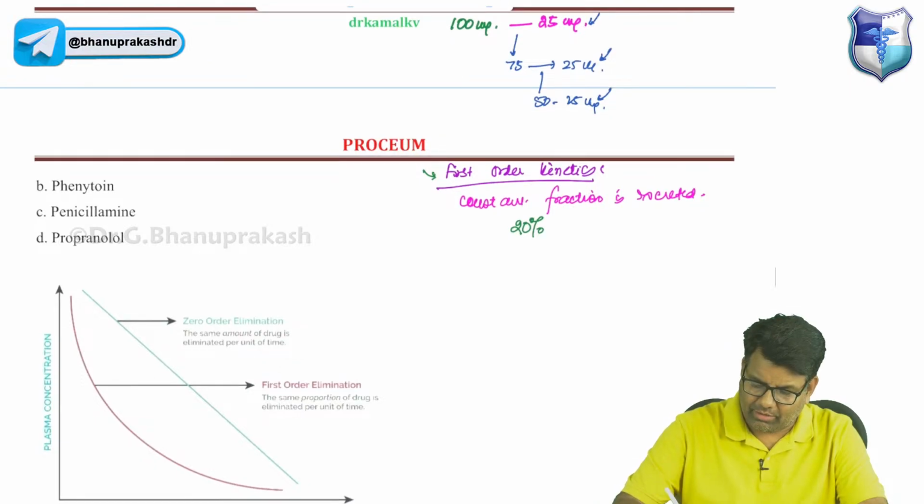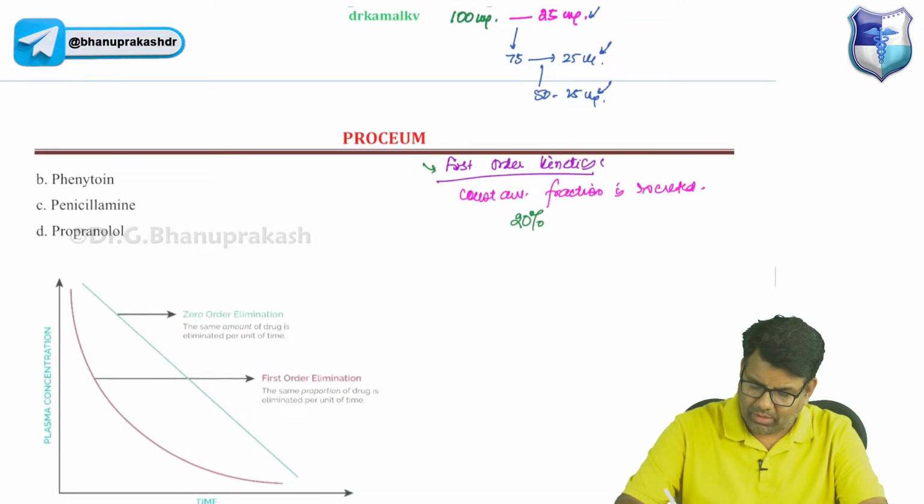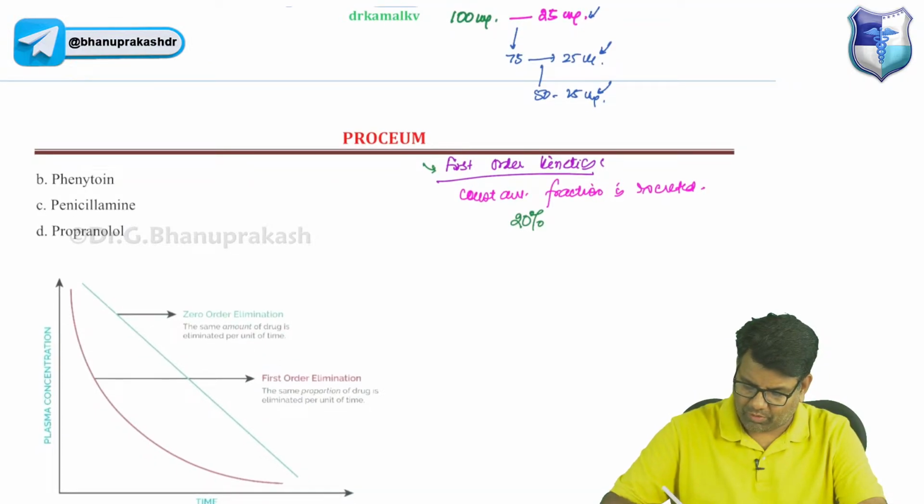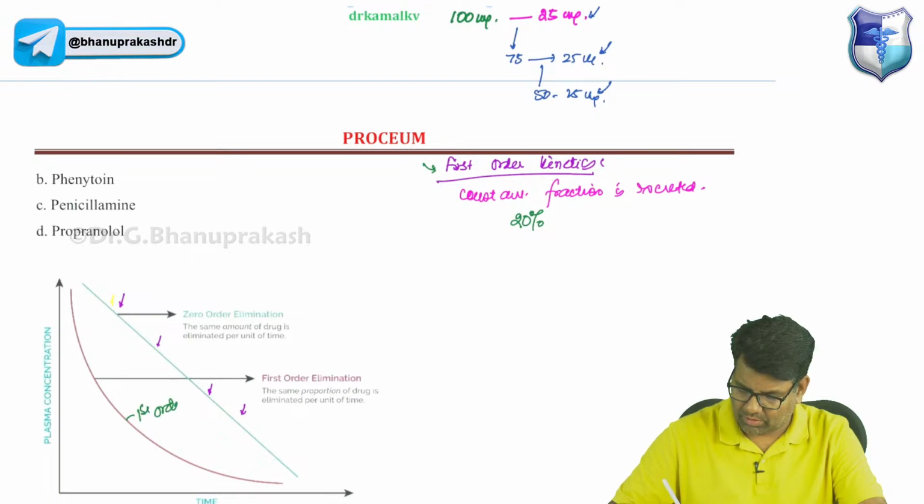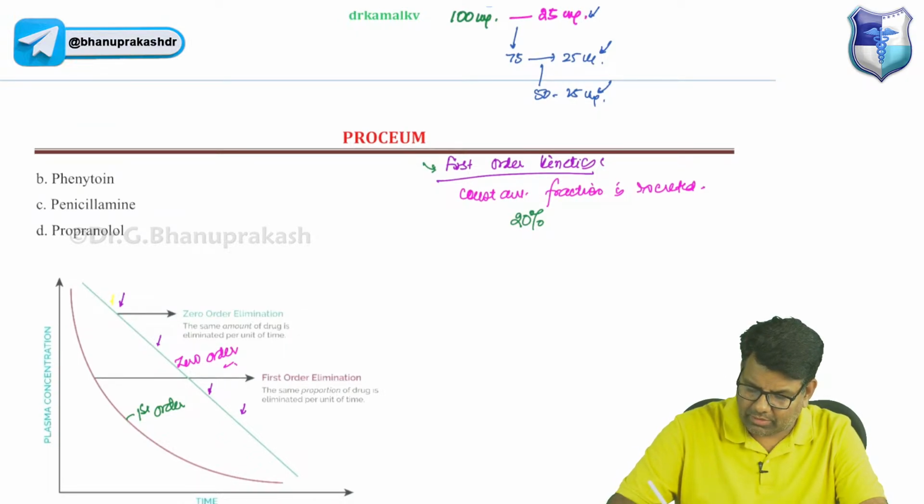And if you look at the curve, for zero order kinetics it is a straight line, and for first order it is a curved line. So in zero order, a constant amount is excreted.